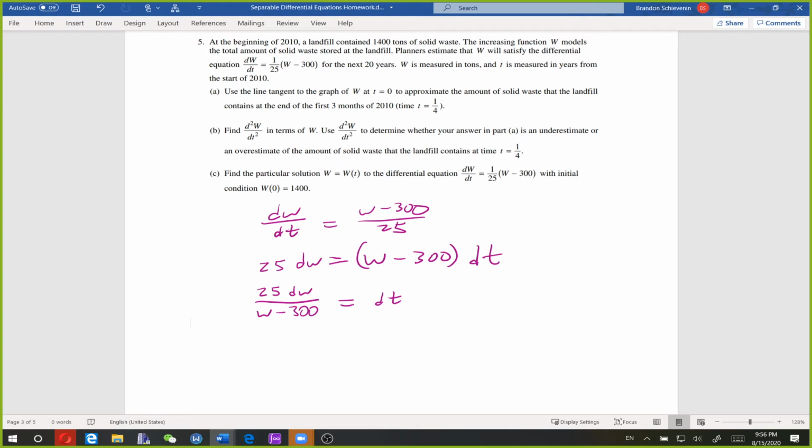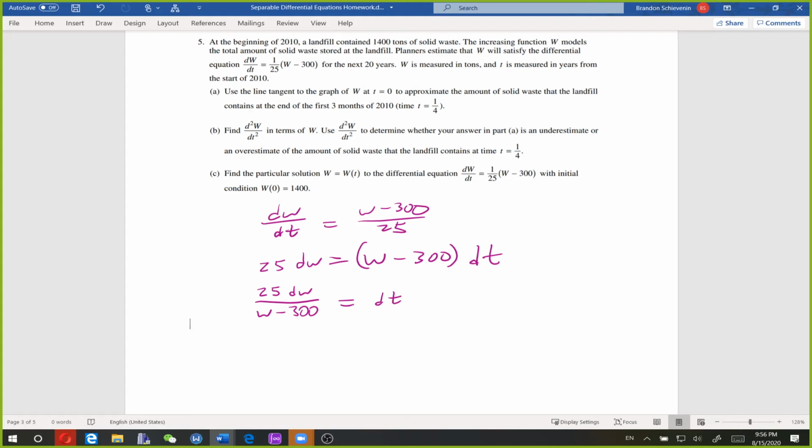I do need to remove the dw, but how can I get from this derivative to an original problem instead? Both of these d's stand for derivative. How can I undo a derivative? Integrate, perfect. So I'm going to integrate both of these sides.